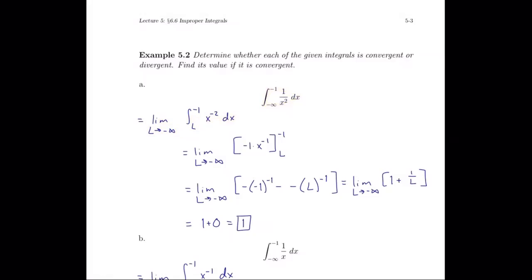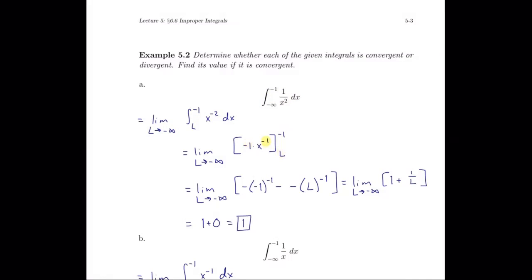Okay, working from here, we have a pretty standard antiderivative. The antiderivative of x to the negative 2, we add a power to negative 2, and we get negative 1 in that exponent. We divide by the new exponent, which is the same as multiplying by negative 1. And we evaluate from L to negative 1, our limits of integration.